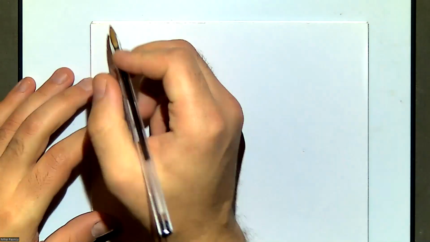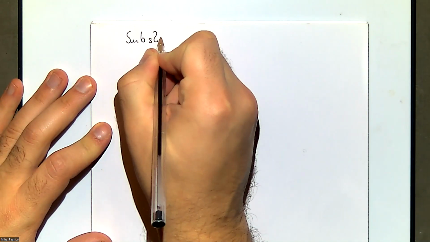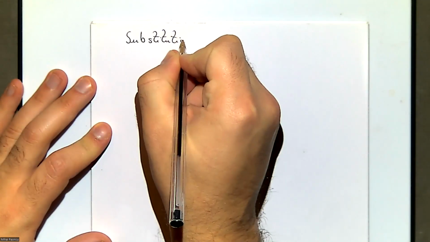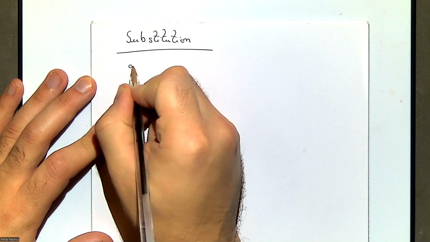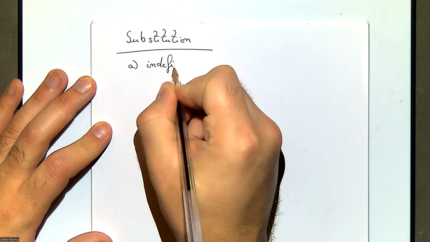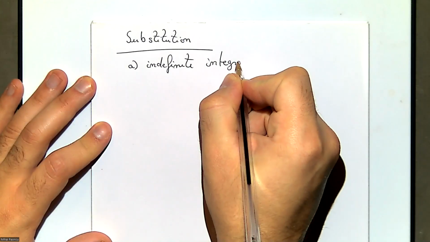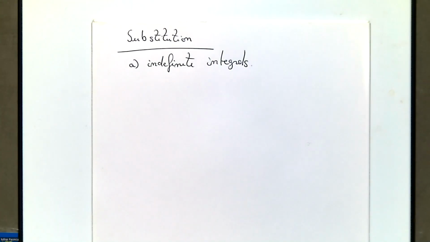So we left off at substitution last time. And specifically, I showed you indefinite integrals, the integrals that are not from A to B. They just don't have anything there.